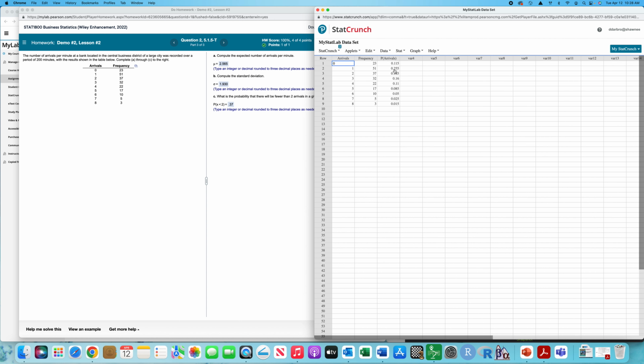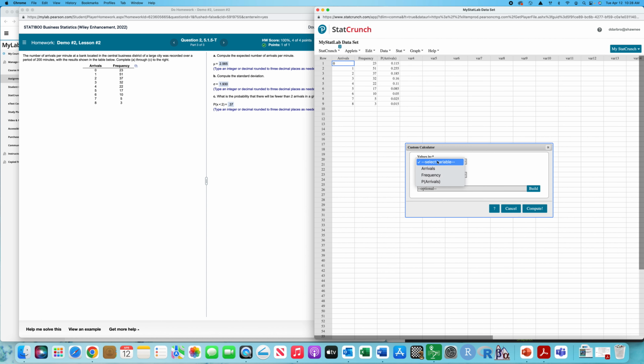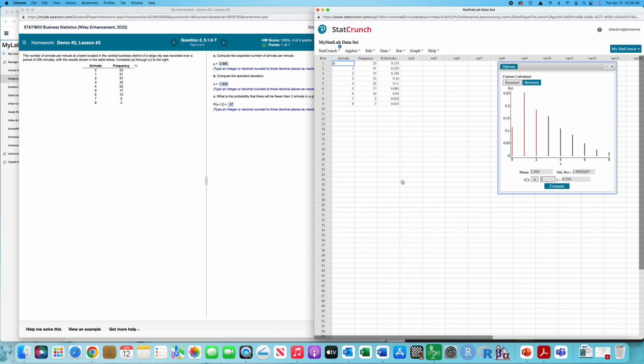So I now have my probabilities. So I can now calculate the mean, the variance, and calculate probabilities. All right, so go to Calculator, go to Custom, Arrivals, Probability of Arrivals, and Compute.